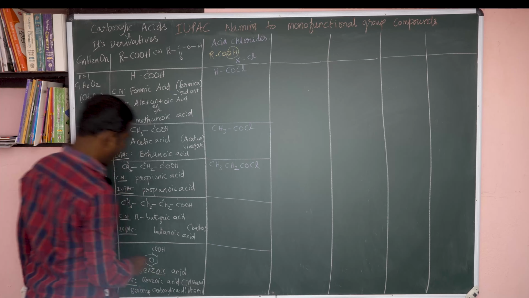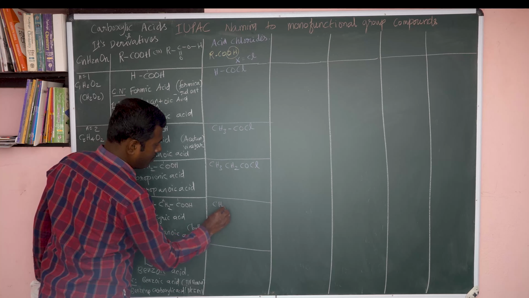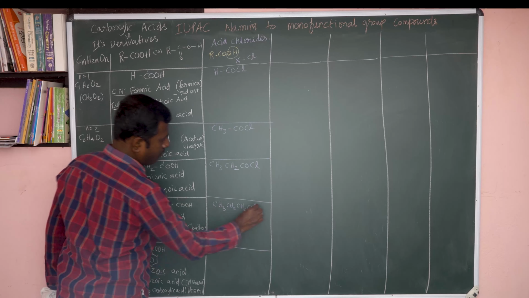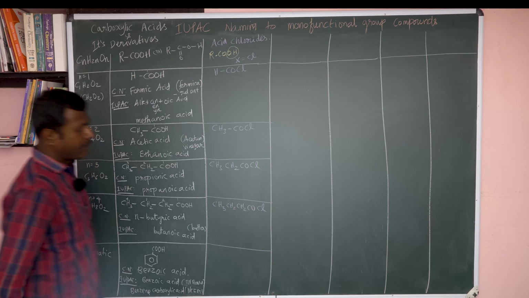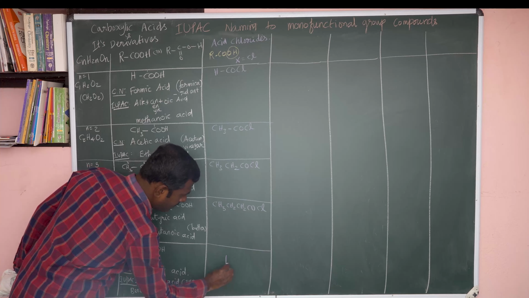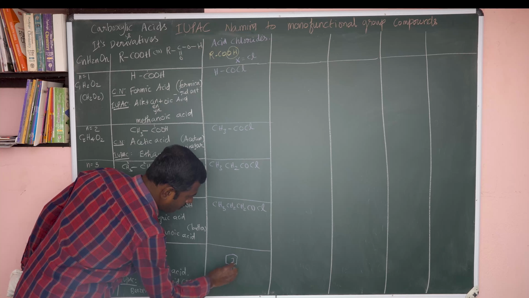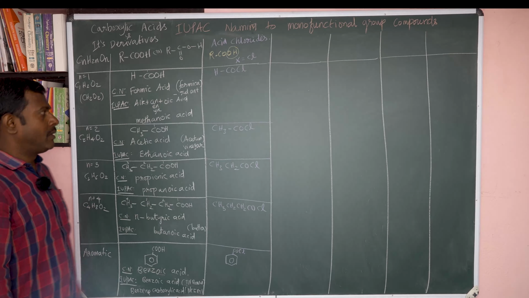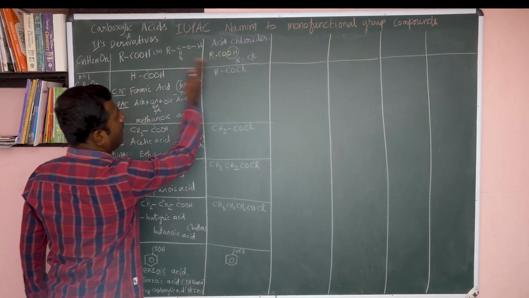In butyric acid, CH3CH2CH2CO, the OH group is replaced by Cl. So these are the respective acid chlorides. And from benzoic acid also, the OH group of the acid group is replaced by Cl. So these are the respective acid chlorides.